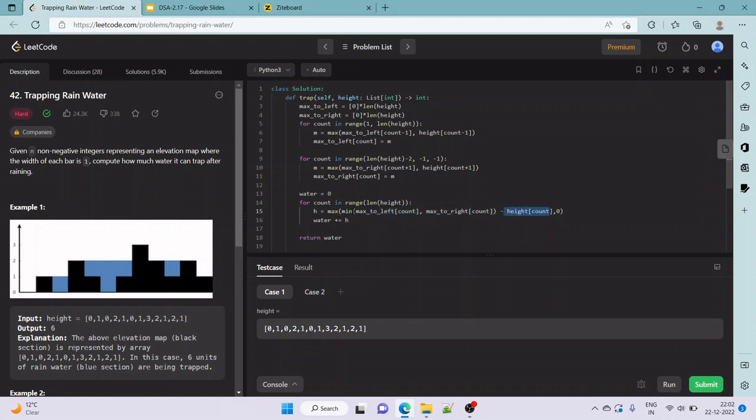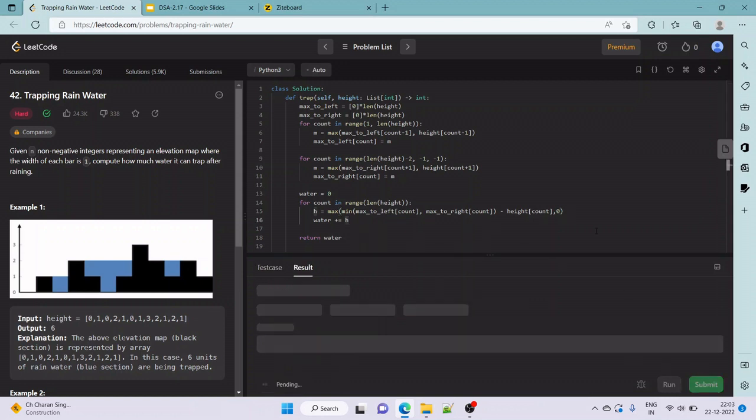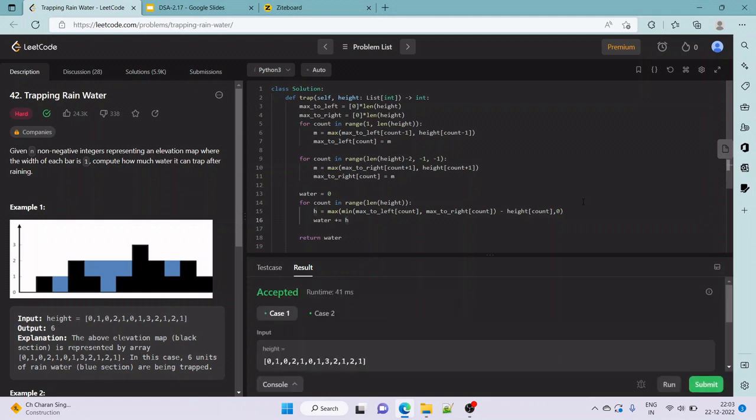In that case, this would come out to be a negative value. So that's why I'm taking the maximum of 0, comma, this calculation. So if this calculation is positive, we'll add it to the answer. Otherwise, we'll add just 0 to the answer when the upper limit is less than the lower limit. Right? So let's run it and see if we get the correct answer.